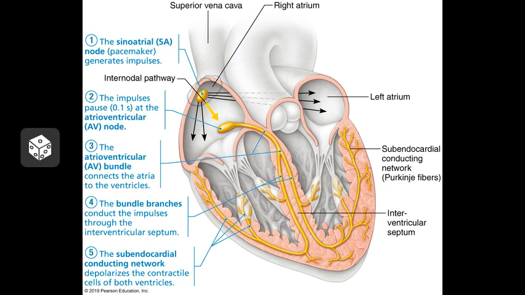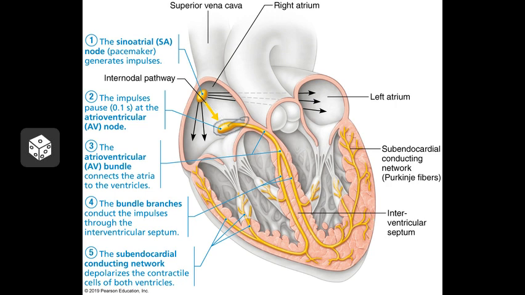When the SA node depolarizes, a signal is sent throughout the right atrium and across to the left atrium, and also through what is termed the internodal pathway down to the AV node. The AV node is located more medial and inferior in the right atrium.